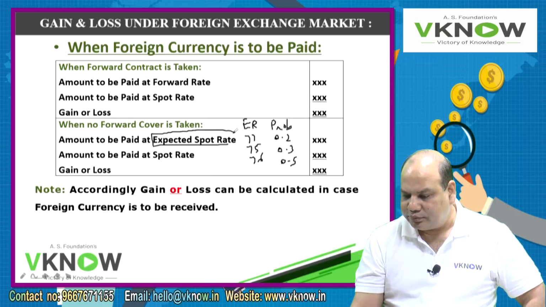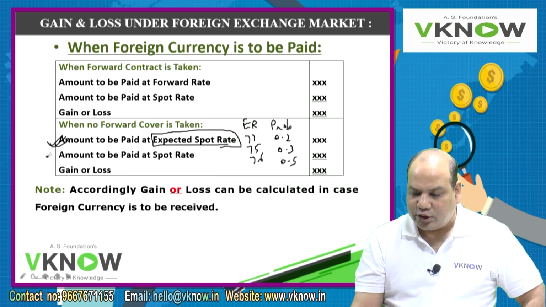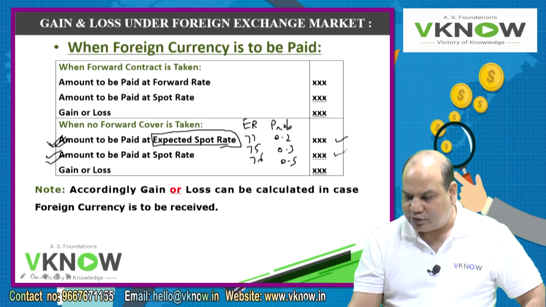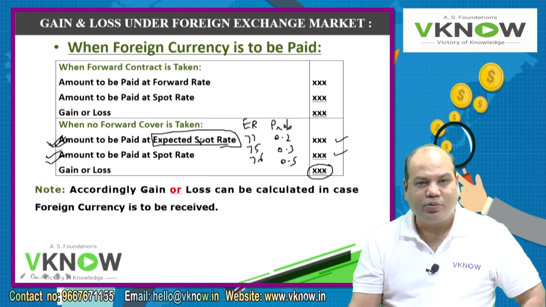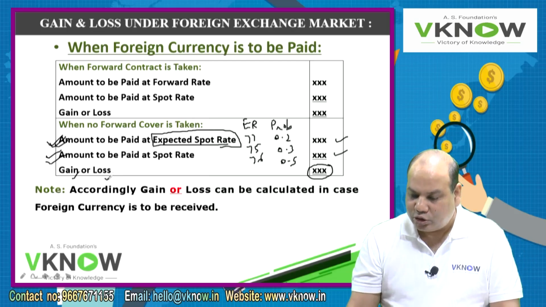Based on that you calculate how much amount you will pay based on the expected spot rate. Then take the difference from the amount that you will pay as per the spot rate. If the amount to be paid as per expected spot rate is less, it is a gain. If the amount to be paid as per expected spot rate is more, it's a loss. So calculate the gain or loss.